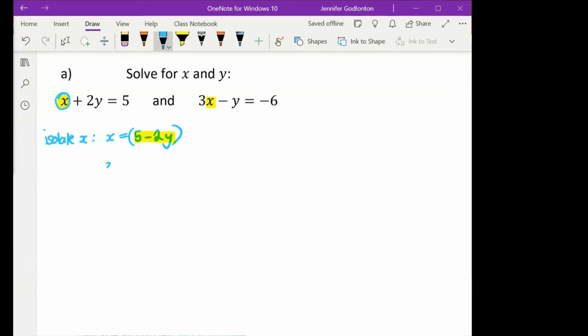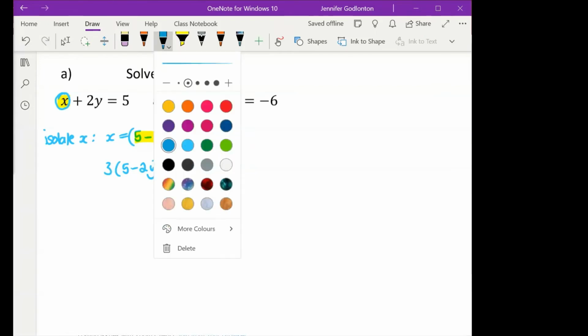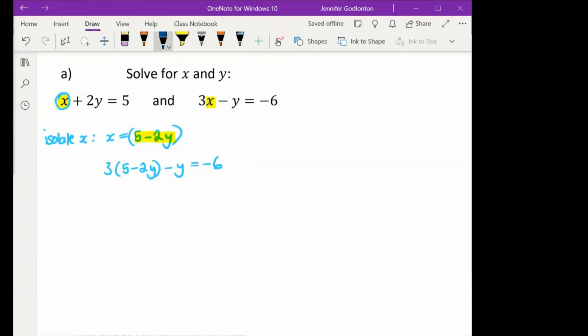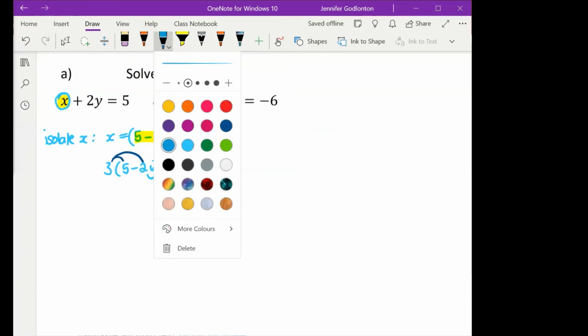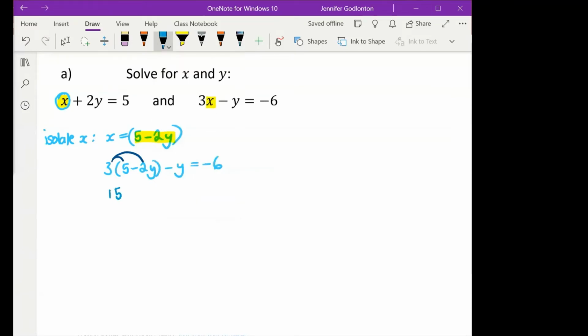So I have 3 times 5 minus 2y minus y equals negative 6. Then I'm going to distribute this 3 into the bracket, and I'm going to get 15 minus 6y minus y equals negative 6.